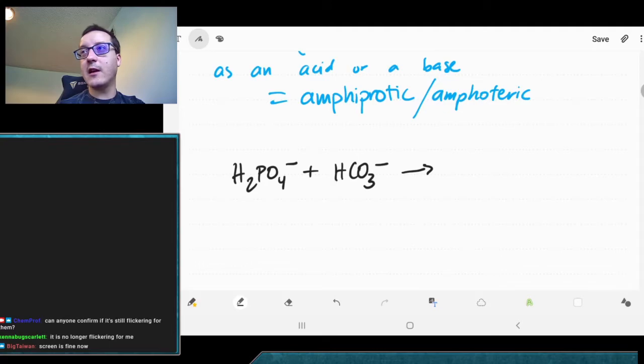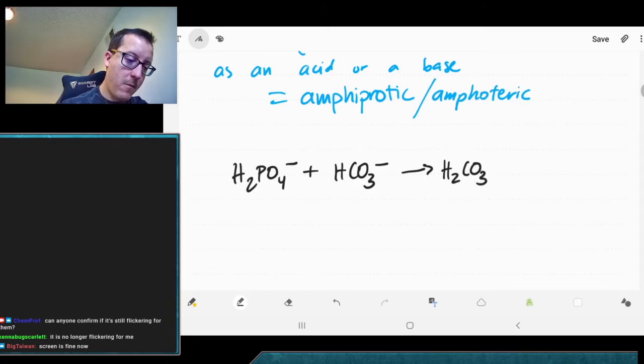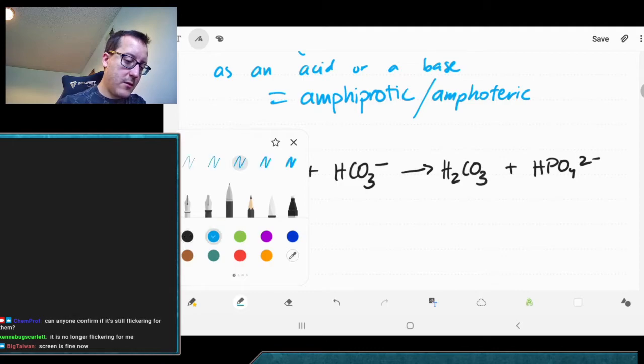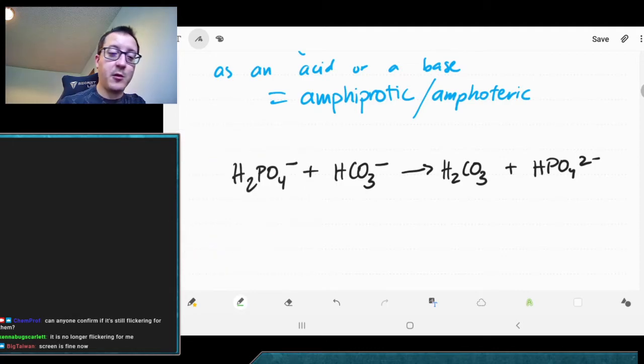All right, let's take a look at one that's not so perhaps obvious to us. Here's an acid-base reaction. If we look at these, we're looking at pairs here, right? We want to see what's similar on each side.